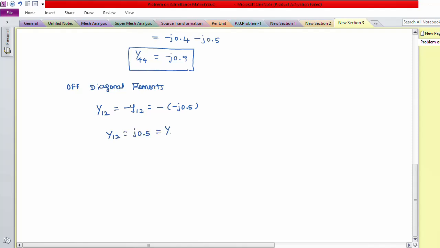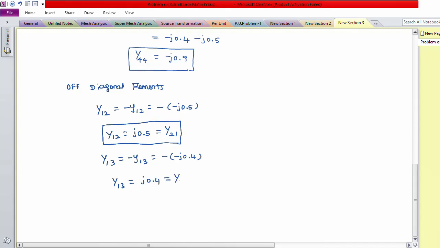That will be equal to y21 because bus admittance matrix is a symmetric matrix. Similarly, y13 equal to minus small y13, and y13 value is minus j 0.4. So y13 equal to j 0.4, that will be equal to y31.